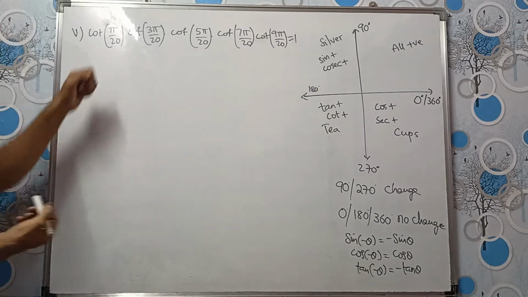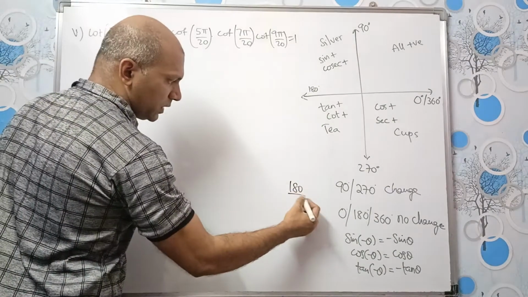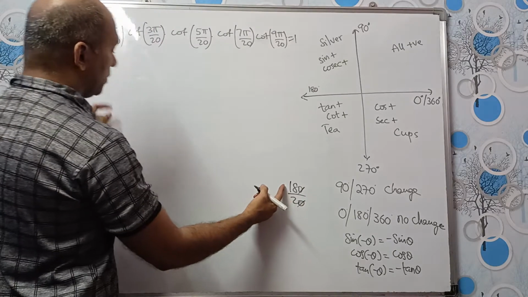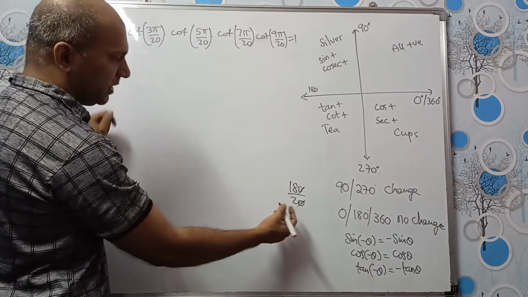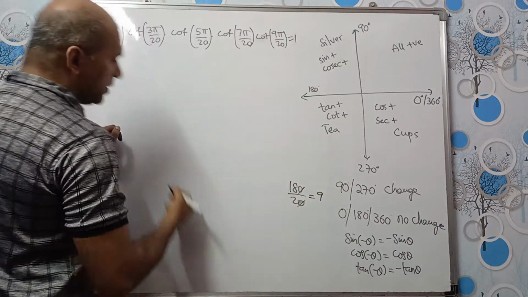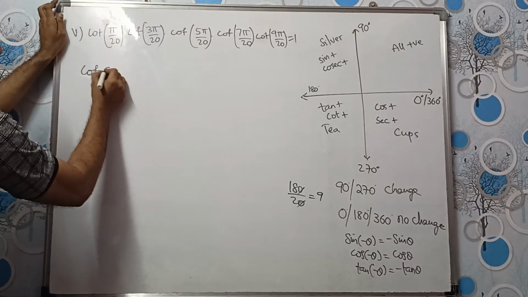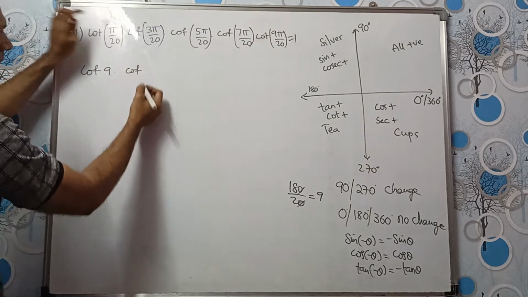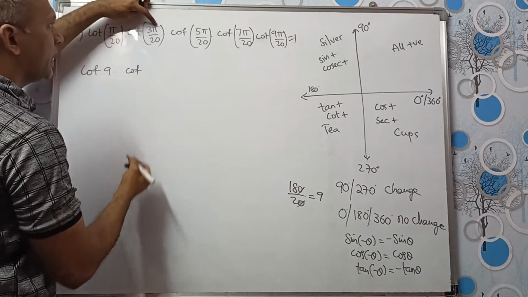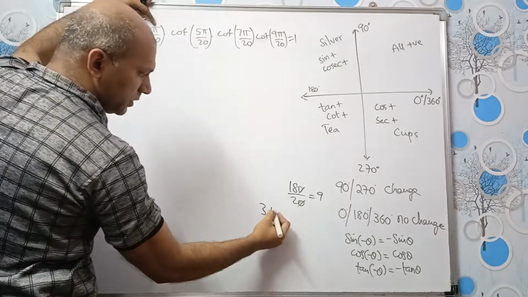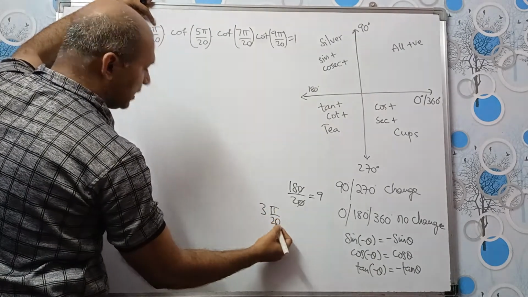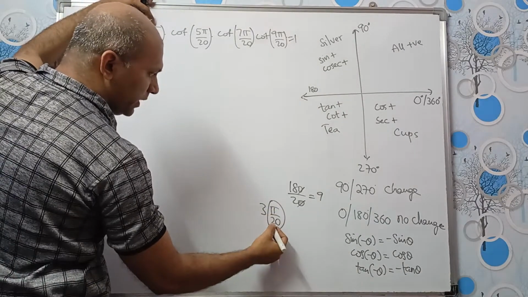See, pi is 180 divided by 20 is 9, right? So this will be cot 9 multiplied by cot 3 into 9. This is 3 pi by 20. Pi by 20 is 9, right?